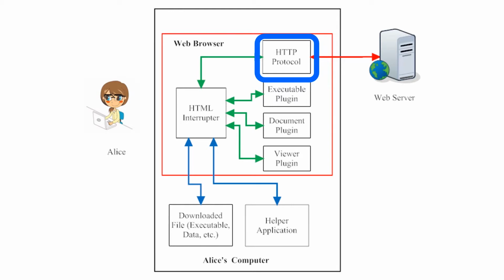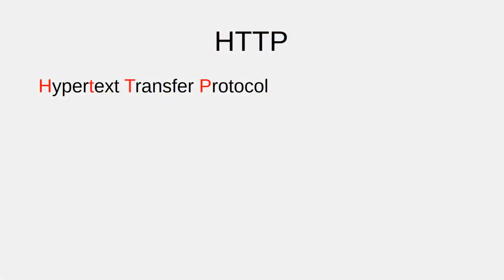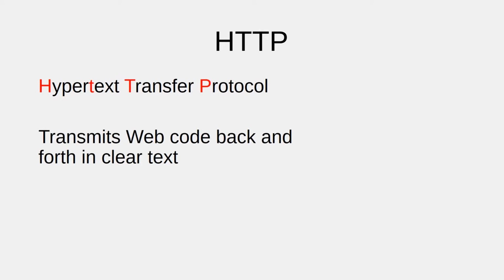Safe browsing issue number 3 is HTTPS. Earlier, I mentioned that web browsers communicate with web servers using a protocol called Hypertext Transfer Protocol, or HTTP. Regular HTTP is a set of rules that governs the way that code is sent back and forth between web browsers and web servers. Regular HTTP sends code back and forth in clear text.